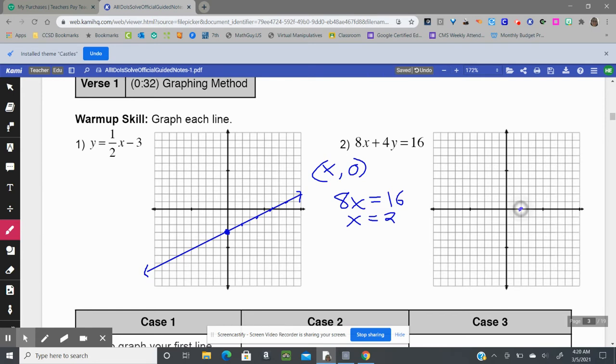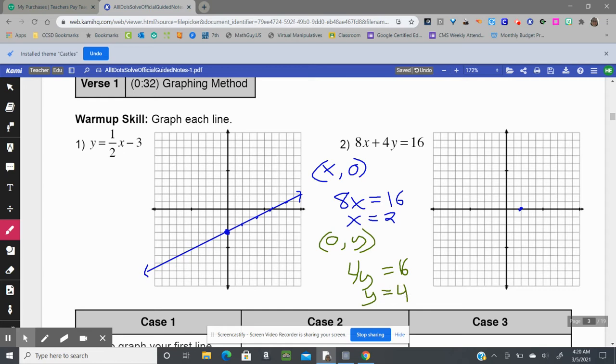Again, you could solve to get it into y equals mx plus b, but to review this intercept method, for my y-intercept I want a value for y, so I plug in 0 for x. 0 times 8 is 0. We are just left with 4y is equal to 16. When we divide, we get y is equal to 4.